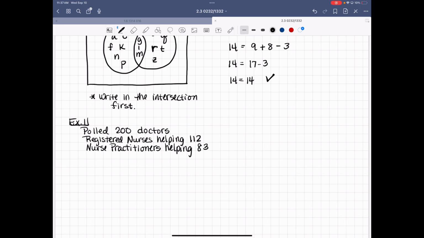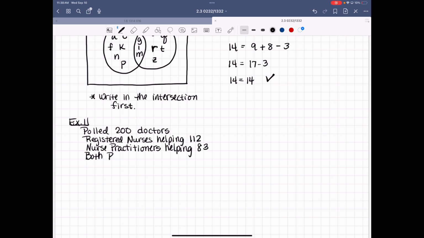So, they looked at 200 doctor's offices. Out of those 200 doctor's offices, 112 of them had registered nurses helping. 83 offices had nurse practitioners helping, and 21 had both.